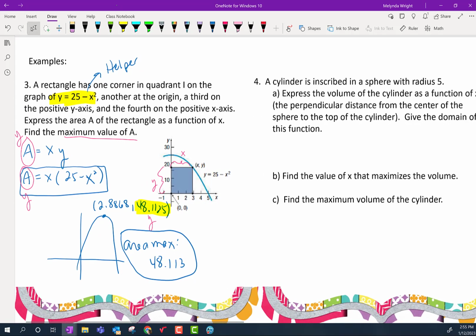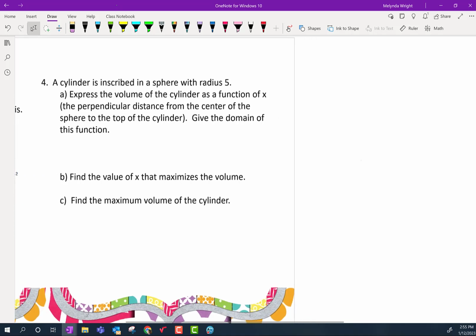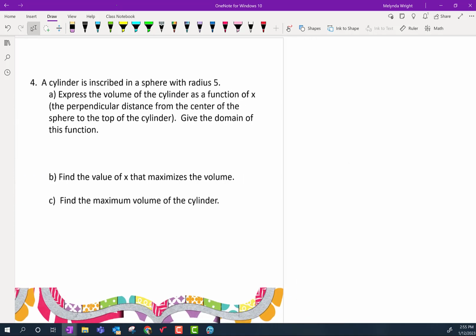I'm just gonna say, we've got a cylinder inscribed in a sphere with radius 5. Okay, so now I know, I bet every person in here is a better artist than I am, so I already apologize for the way my figure is going to look. I'm just going to do the best I can.